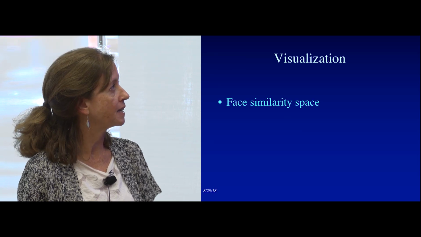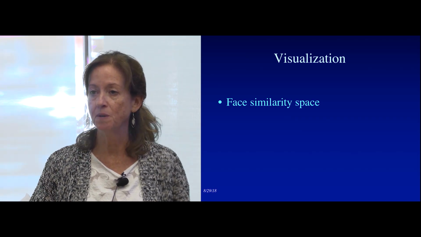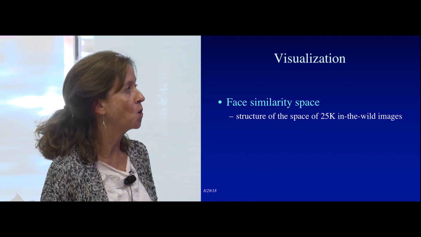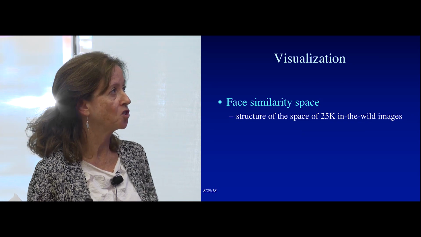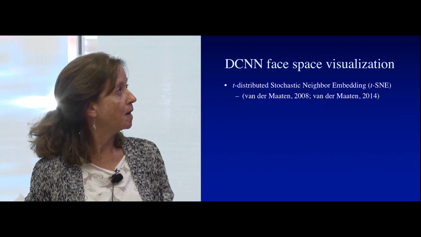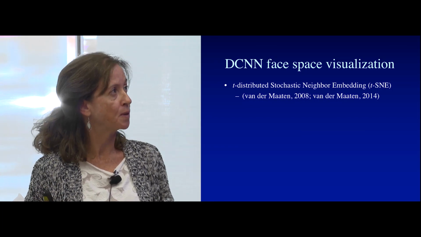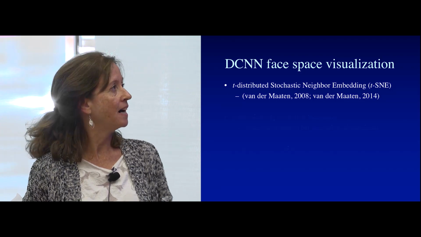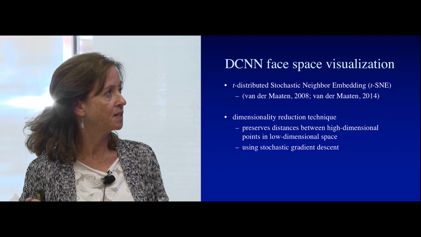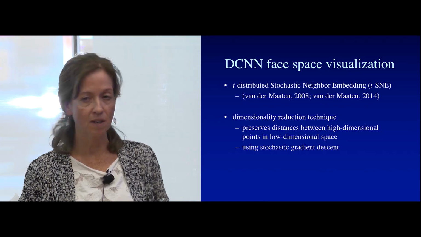Okay, so visualization. Something that's much more familiar to this community is the ability to come up with a face similarity space. And so what we're going to visualize first is the structure of the space made from 25,000 images. And we used t-distributed stochastic neighbor embedding, t-SNE, a dimensionality reduction technique that preserves distances between high-dimensional points in a low-dimensional space using stochastic gradient descent.